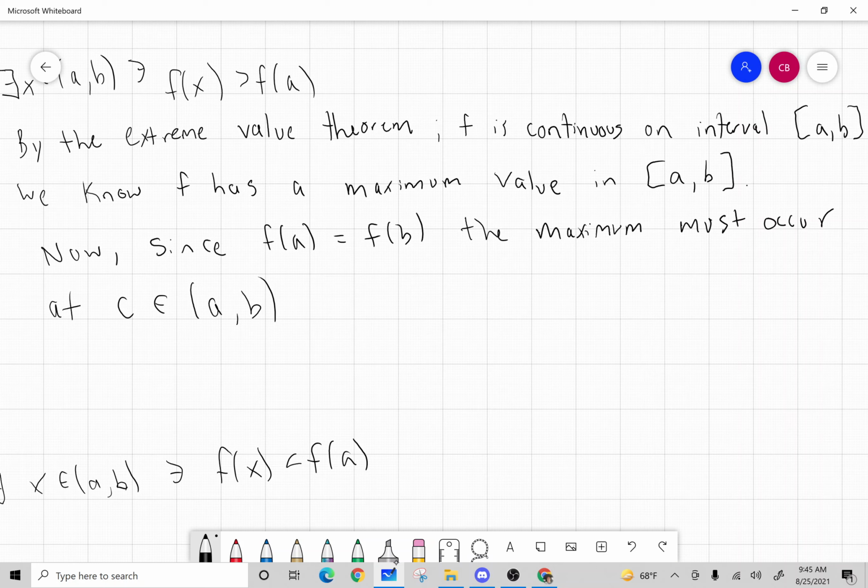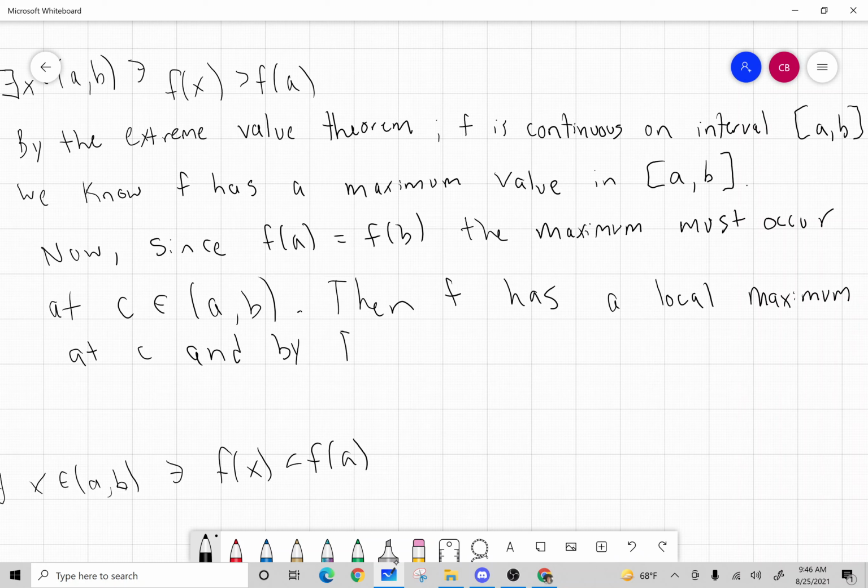And so then f has a local maximum at c, and by Fermat's theorem, that was the last section as well, f prime of c is equal to 0.